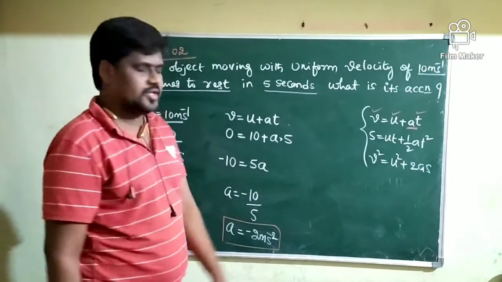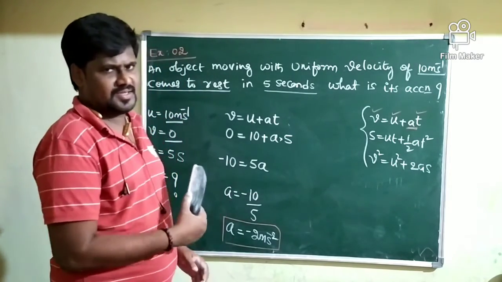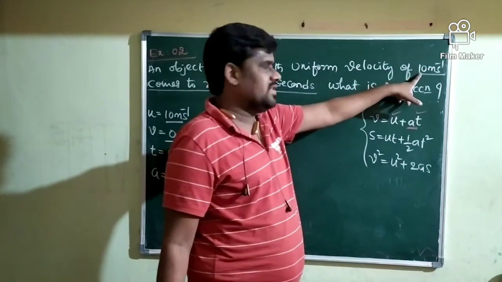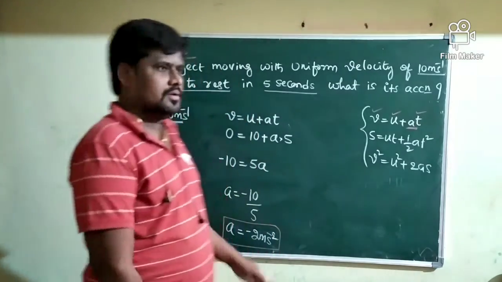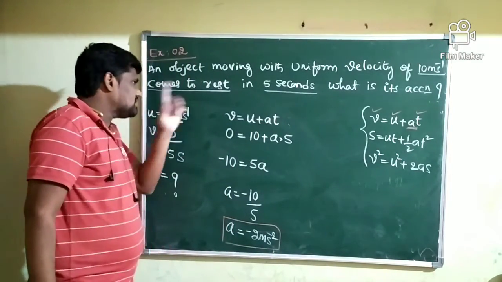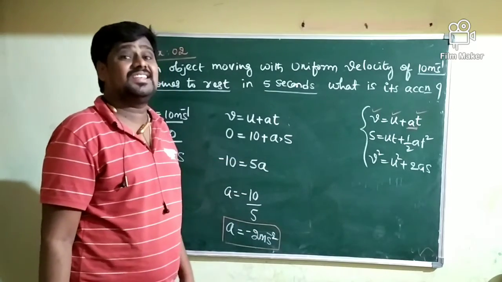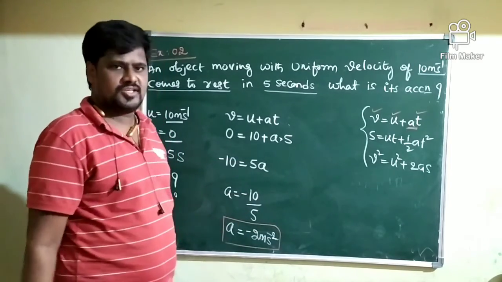The negative acceleration is called retardation. Initially the body had a velocity of 10, and after 5 seconds the body has a velocity of 0. Therefore, the velocity of the body is decreased here. Hence, the acceleration is negative.